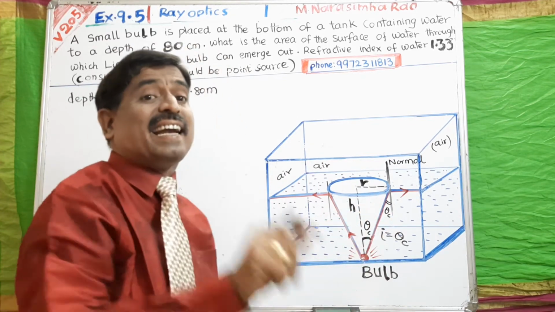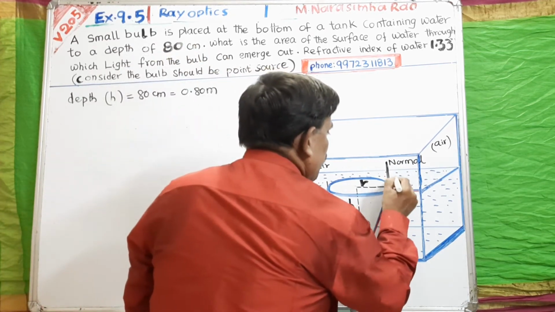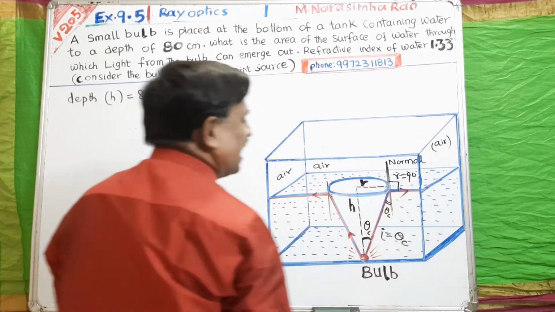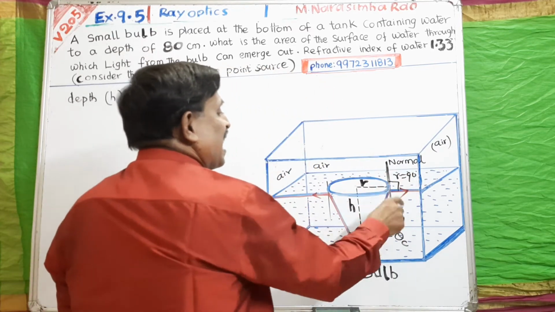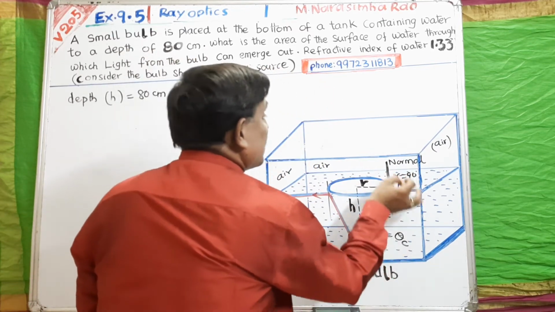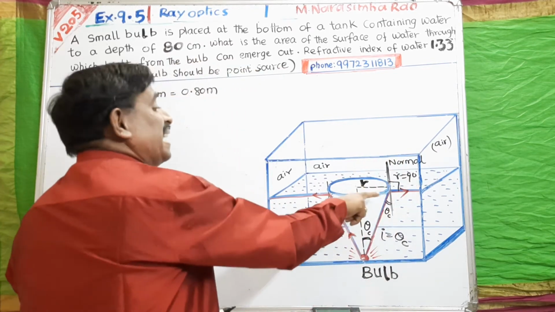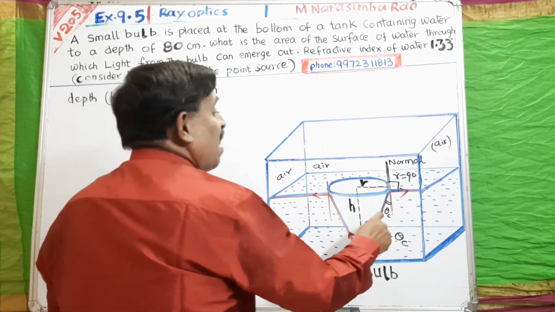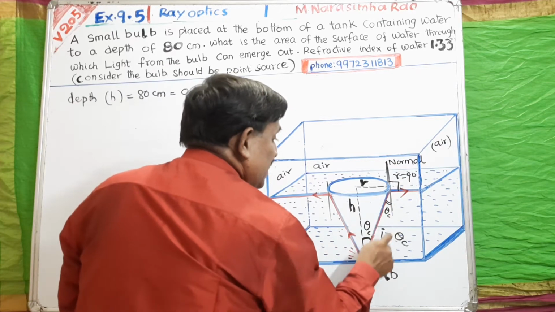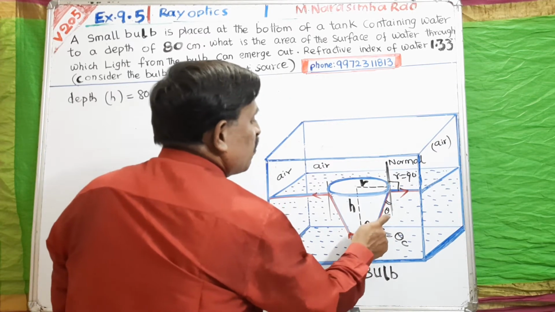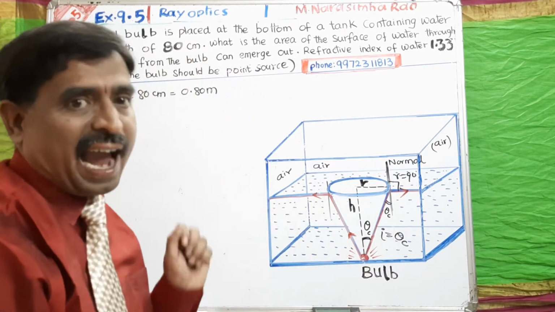At this critical angle, the angle of refraction is equal to 90 degrees. This refracted light ray is grazing the water-air interface. It is touching both the media. This particular angle of incidence in the denser medium we are calling the critical angle.